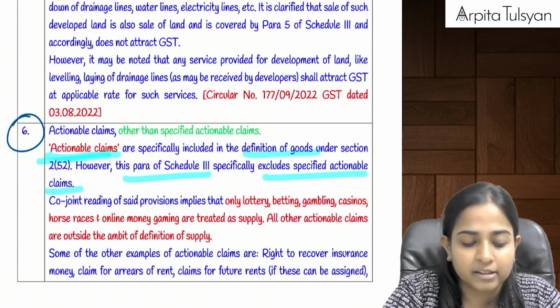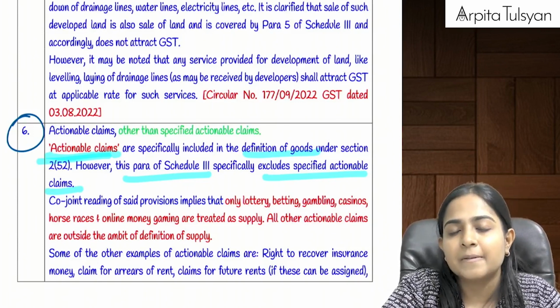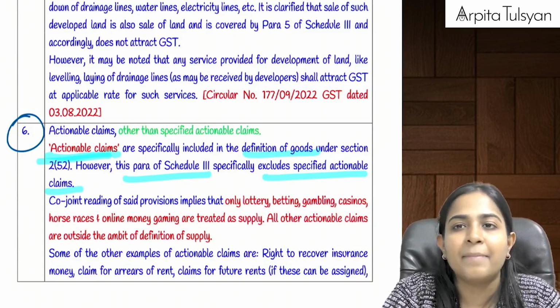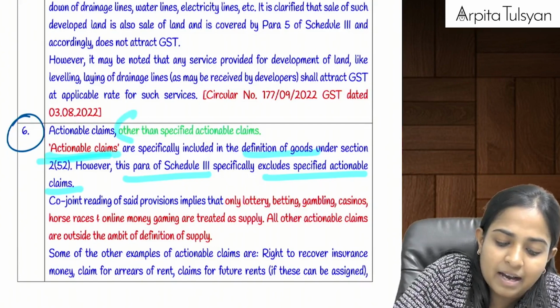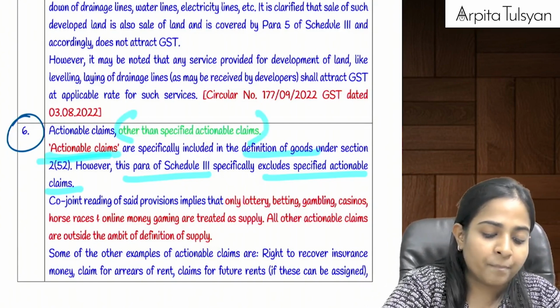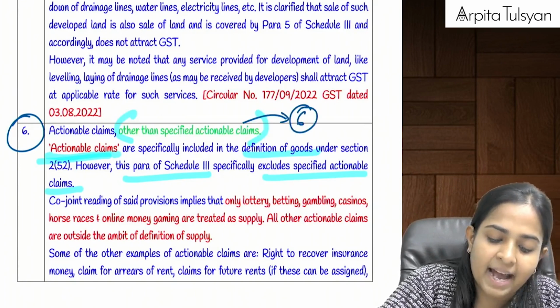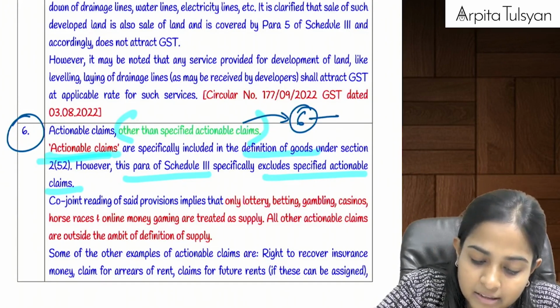Do you recollect what was earlier written in this para number 6? Actionable claims other than betting, gambling and lottery. Now what they have written is actionable claims other than specified actionable claims. Means what? Those 6 specified actionable claims are not coming under schedule number 3.